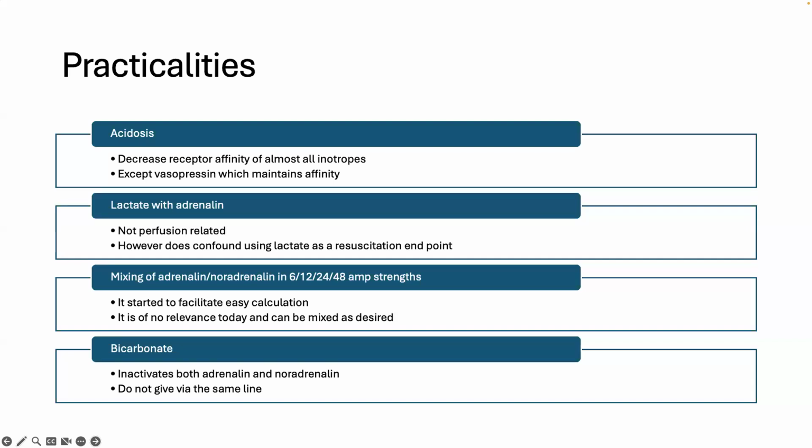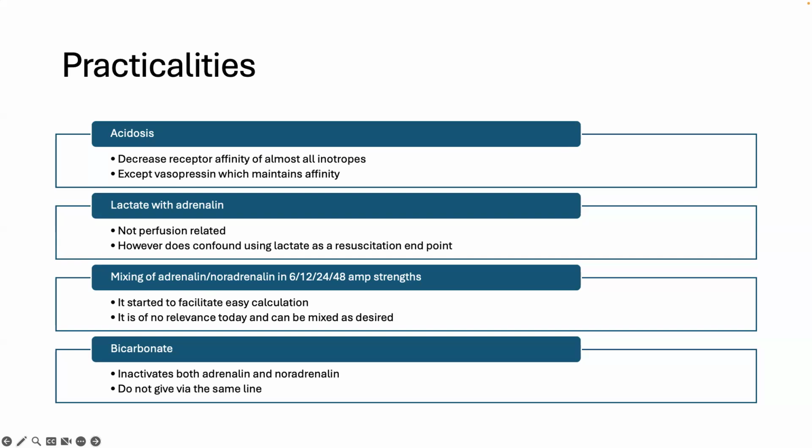The second thing is lactate with adrenaline. When you start patients on adrenaline, the lactate goes up. When I was a fellow, the teaching was that the reason your lactate goes up with adrenaline is because it causes vasoconstriction and decreases perfusion to your splanchnic bed, and then causes lactic acidosis as a consequence of that.